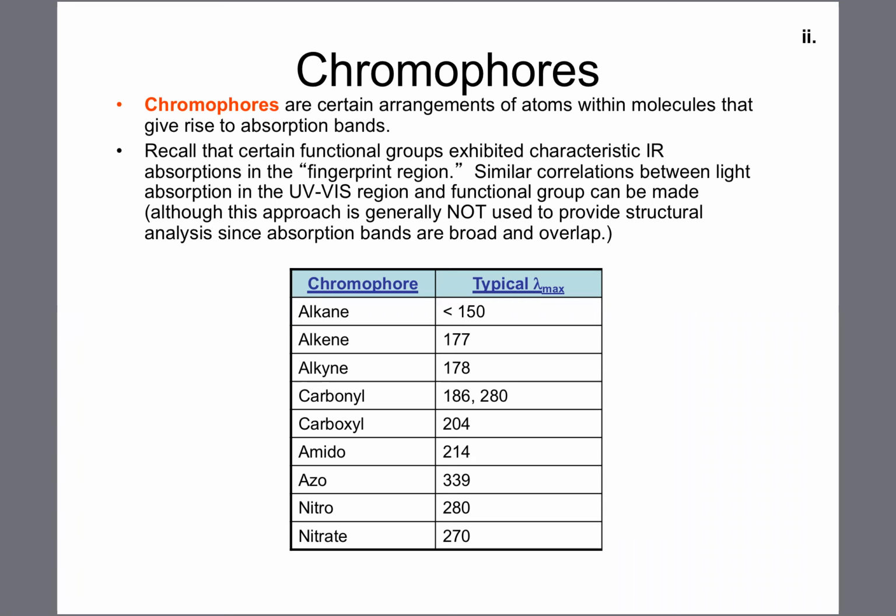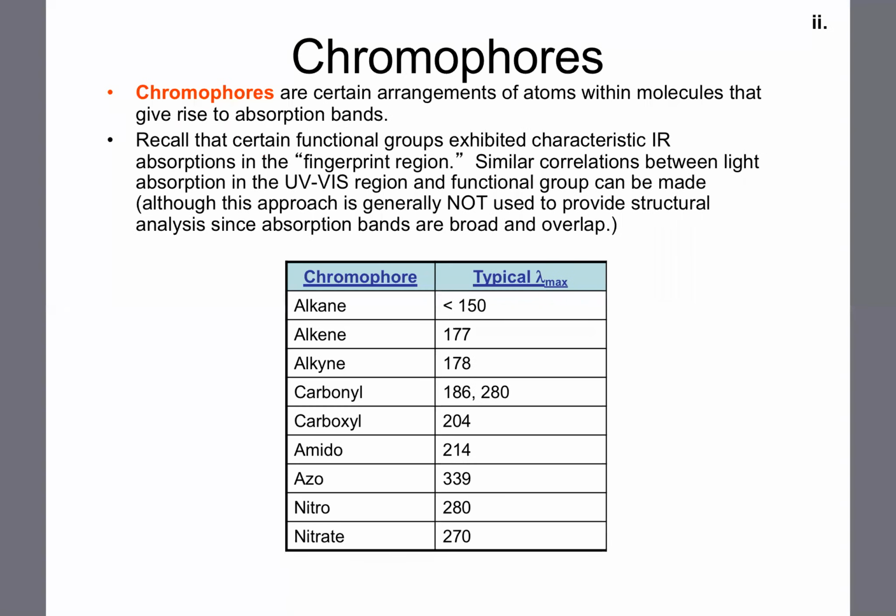What I mean by that is different molecules that have similar functional groups, with similar atoms bonded together in similar ways, might exhibit similar absorption features, and in fact, they do. So certain arrangements or functional groups within molecules that give rise to absorption bands, we're going to call chromophores, okay? Chromophores, it's a special name. It's a certain absorption feature because of a certain functional group.